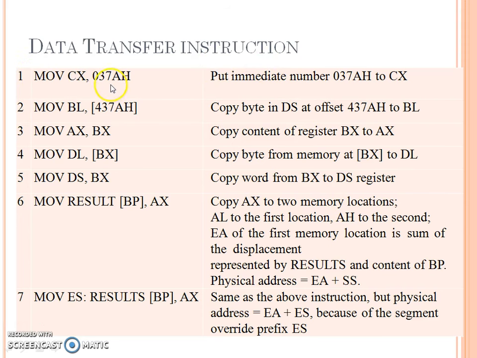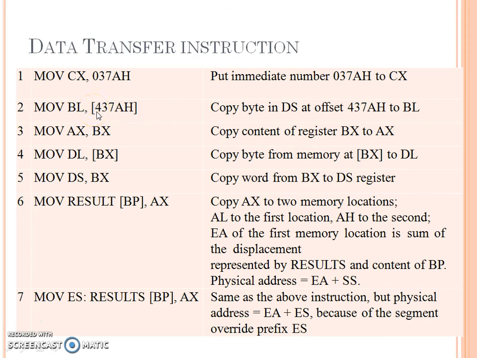The first is MOV CX, 037AH. As we can see, 037AH is an immediate value which we need to transfer to CX. Hence, we are putting an immediate number 037AH into CX. The second example is MOV BL, [437AH], with square brackets around it.